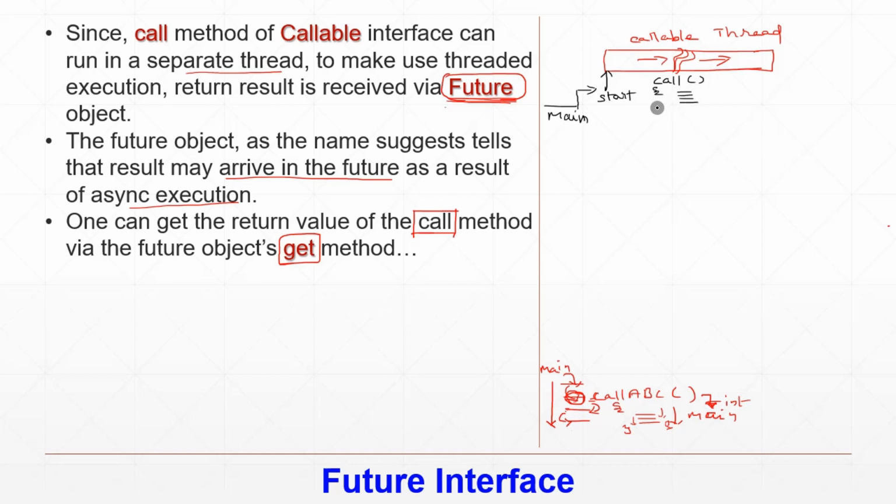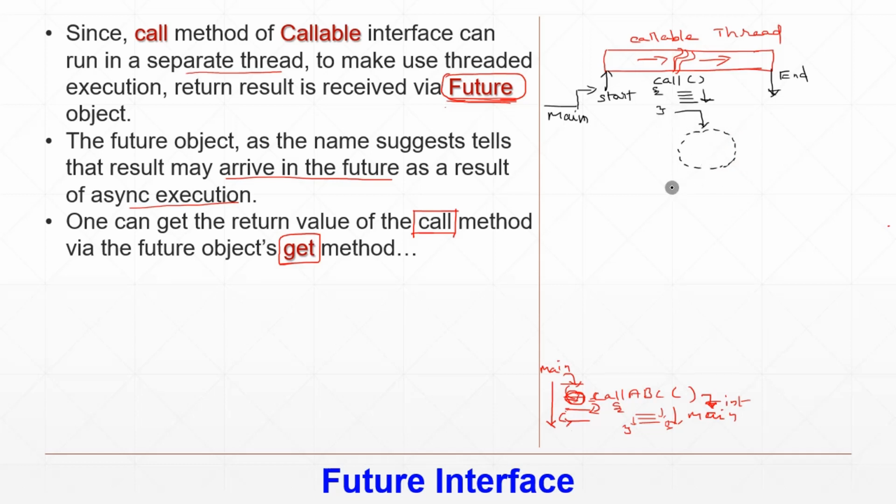So this is the callable thread. Thread execution will flow by executing the statements here, and at some stage the callable thread will finish its job. So it ends at some stage, and we know that this callable thread will return some value, right?